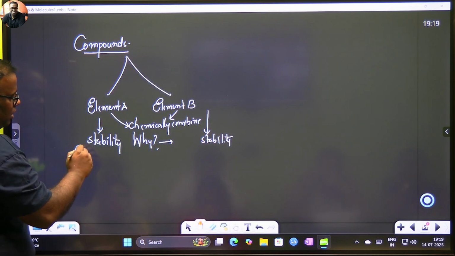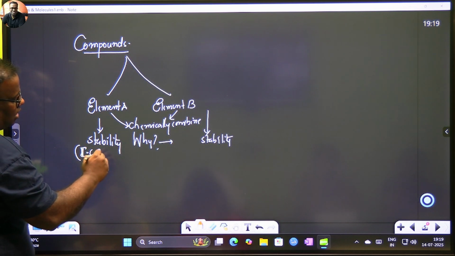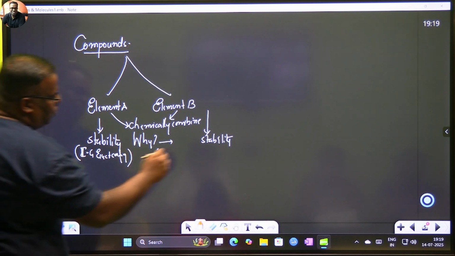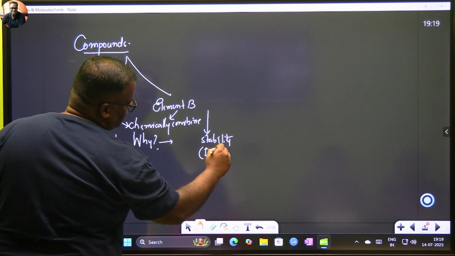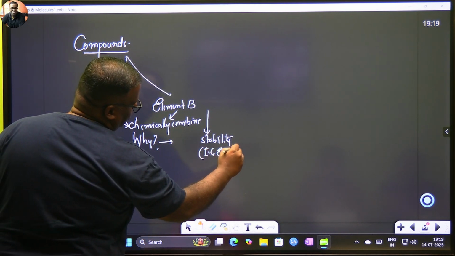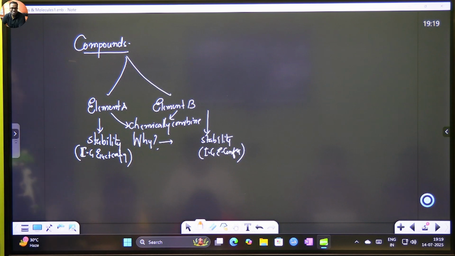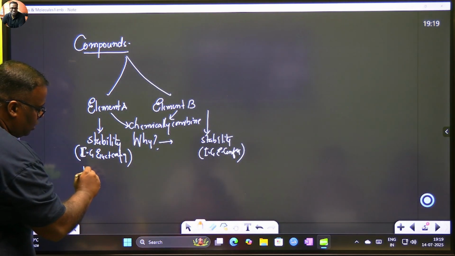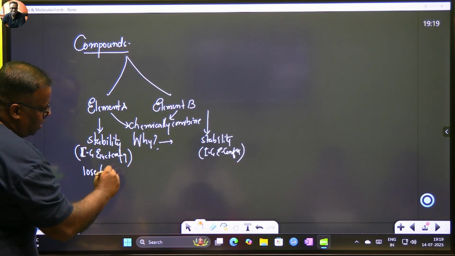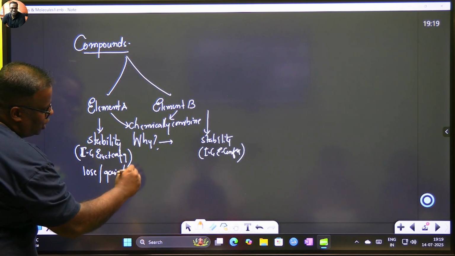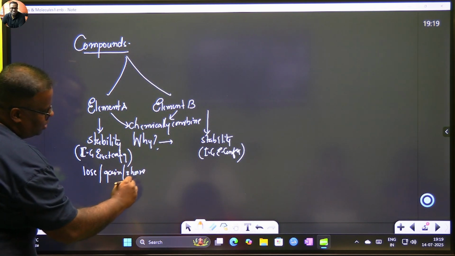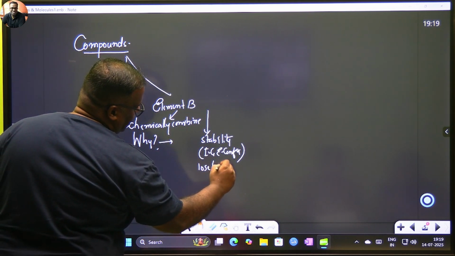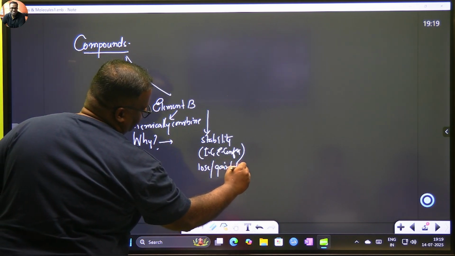That is to get the inert gas electronic configuration nearest, and this fellow also will try to get the inert gas electronic configuration of the nearest one. Now, to get this, this fellow will either lose, gain, or share electrons, and same, this fellow will also lose, gain, or share electrons.